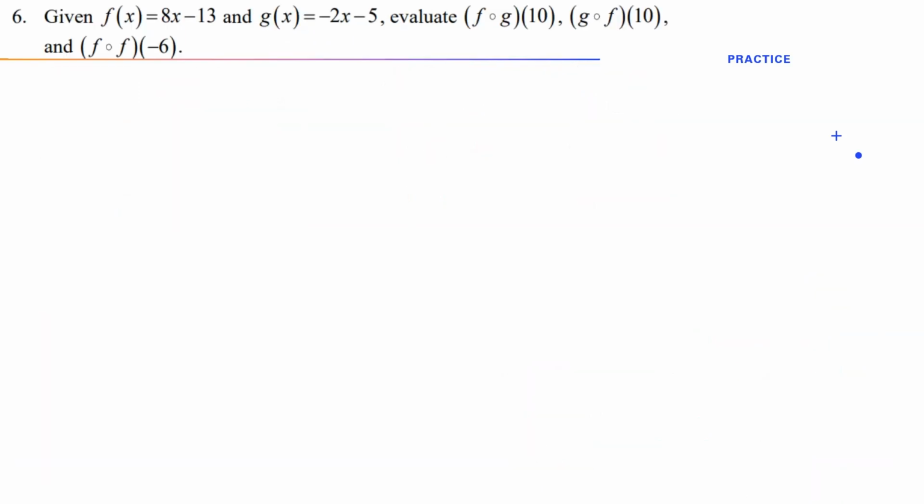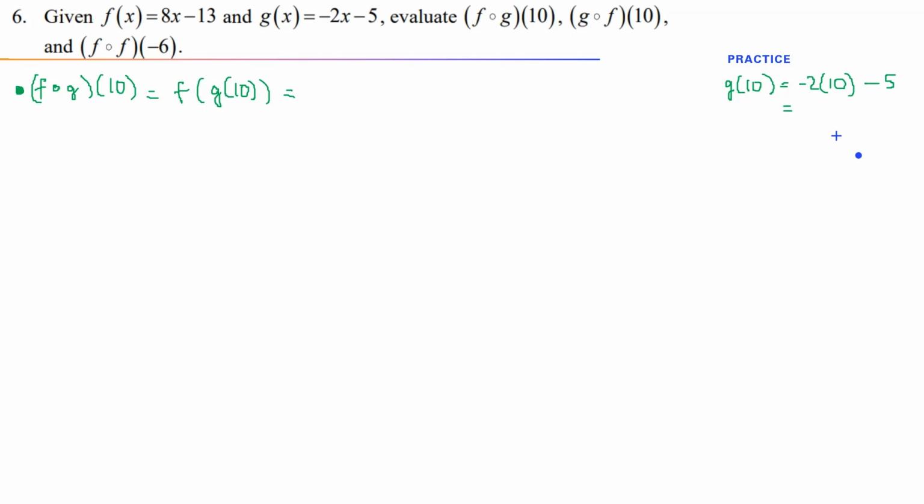Alright. So for these questions, the first one we have is f of g of 10. We can rewrite it as f of g of 10, right? Now we want to know the value of g of 10. g of 10 is negative 2 times 10 minus 5.